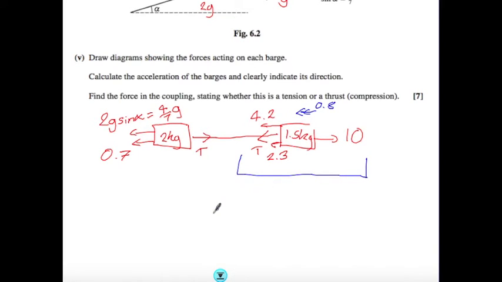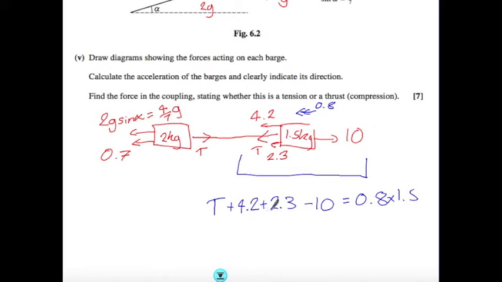So just be careful with what's forward and what's backwards. So let's think the overall force going to the left is T plus 4.2 plus 2.3 minus 10, and that's got to equal 0.8 times 1.5. So you might have this all backwards. You might have it as 10 minus 4.2 minus 2.3 minus T equals minus 0.8 times 1.5, but they're going to be equivalent.